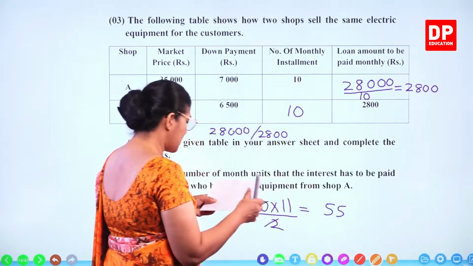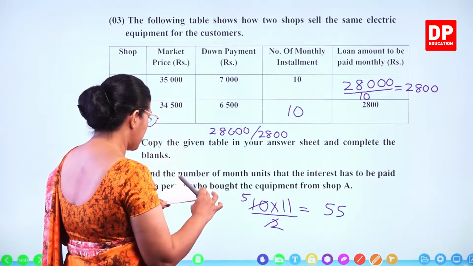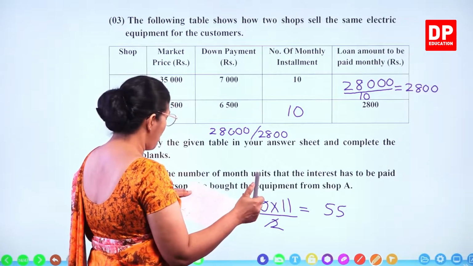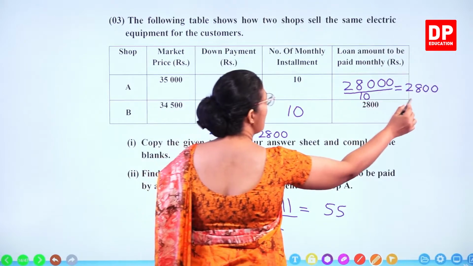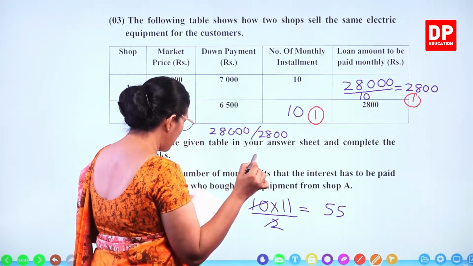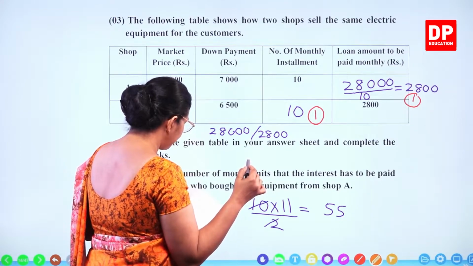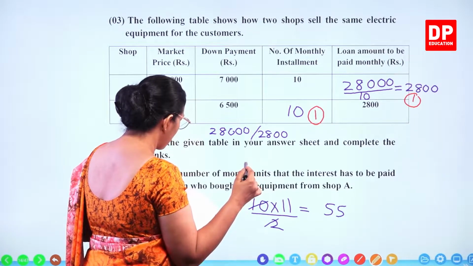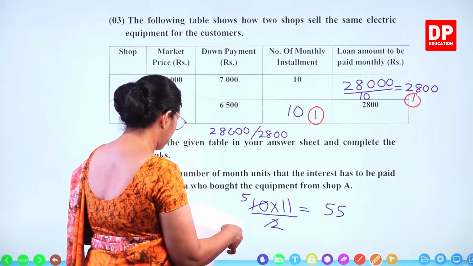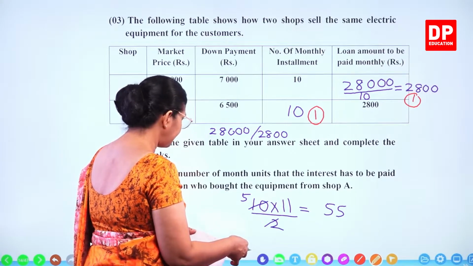So how many marks for this part? You are getting 2 marks for finding the answers here. 1 mark for this one and 1 mark here. And then calculating month units, you are getting 2 marks.